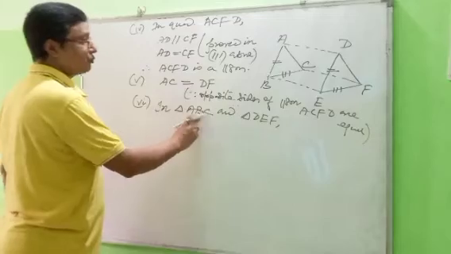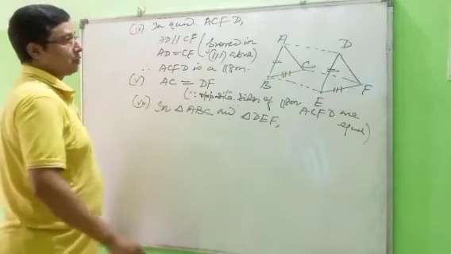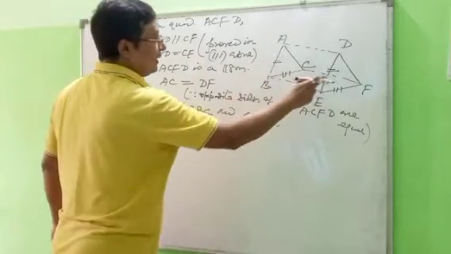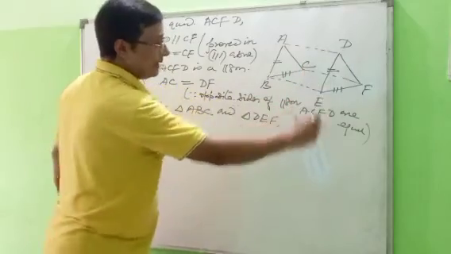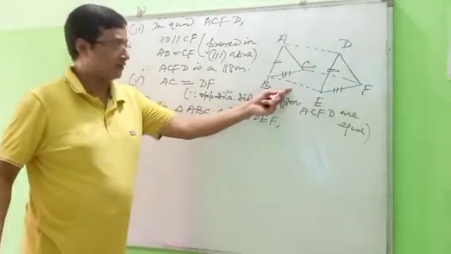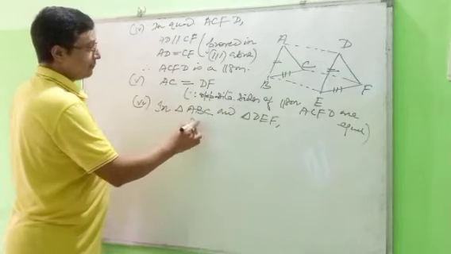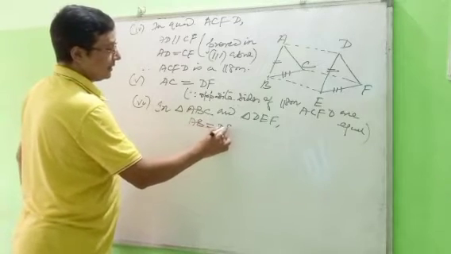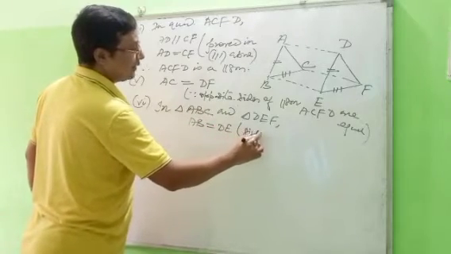Because you will make these two triangles congruent. So they have given that AB equals to DE. This one is given in the question.